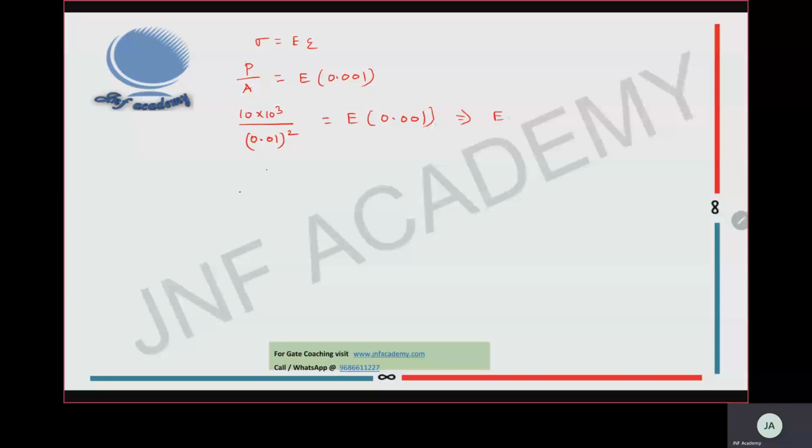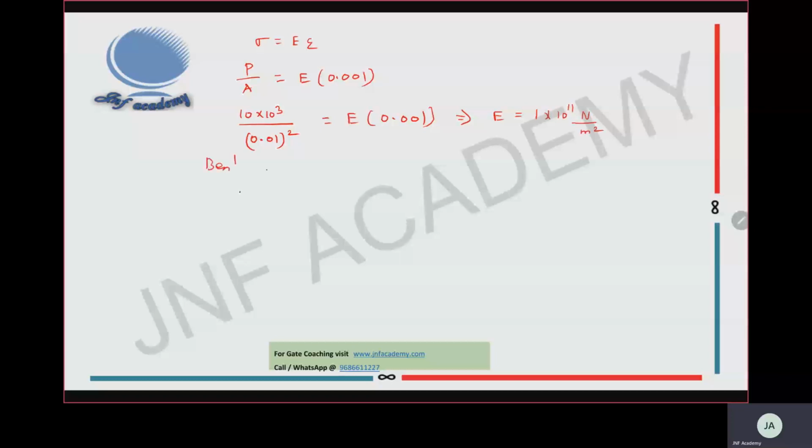From this, we can find the Young's modulus. Let's simplify this. One into 10 power 11 Newton per meter square. I got the Young's modulus like this.